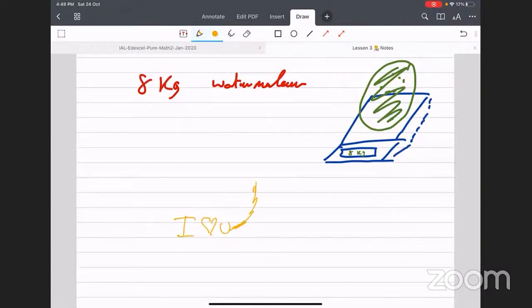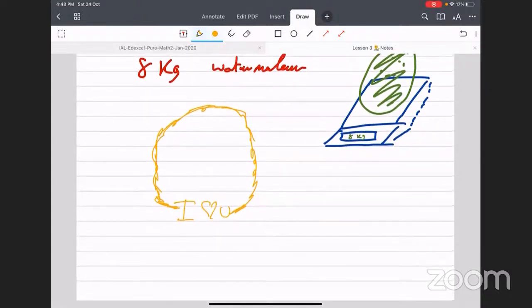And it looks like this. Okay. Are you with me, guys? Okay. So the guy weighs the golden necklace.